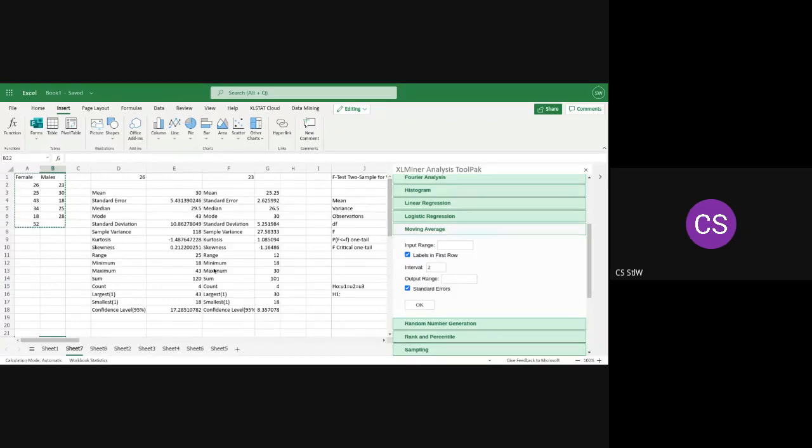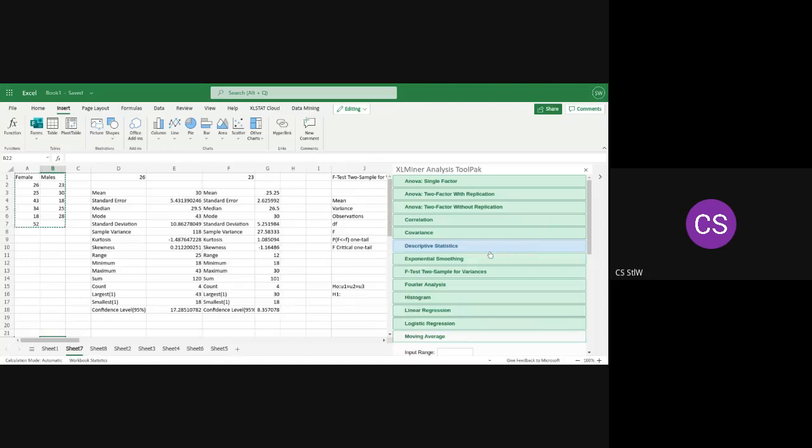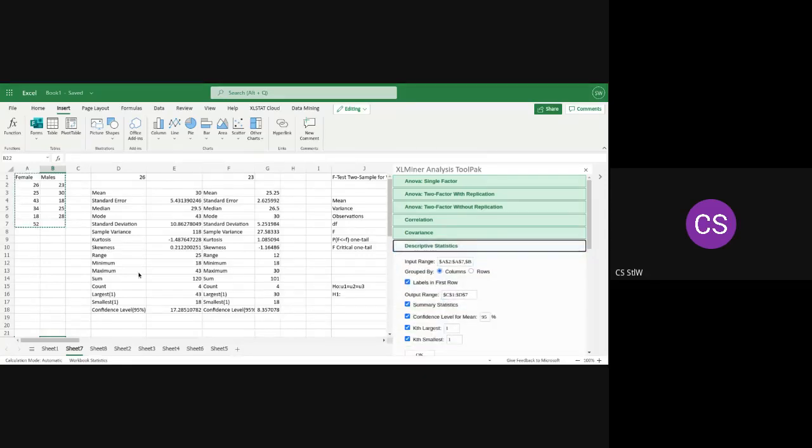Let us also just redo the descriptive statistics for our data set, just to confirm everything is working as it should. So let us remove the label.